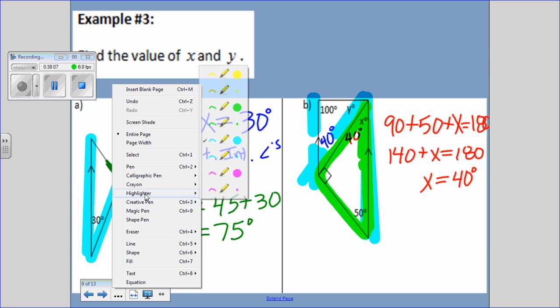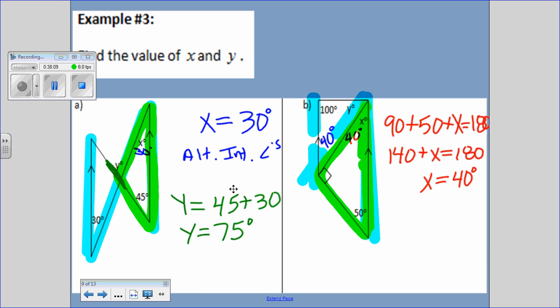And then what are we going to use again to find y? Louder? I didn't hear you. No, we found x. 40 plus 100 plus y equals what? 180.